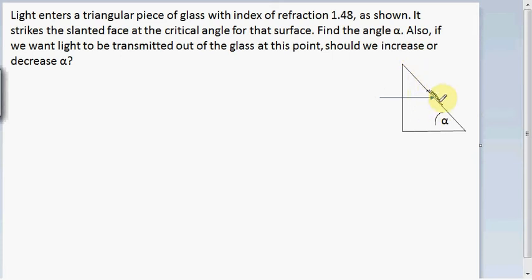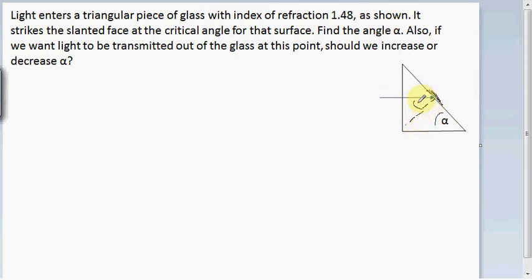So this is the surface we're talking about here, and the normal is going to go like this, so that this dashed line I've drawn should be perpendicular to this one. The angle of incidence as this light strikes the slanted face is going to be this angle here.